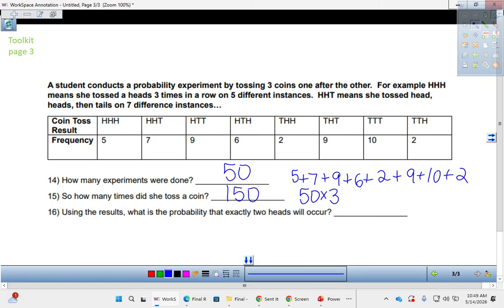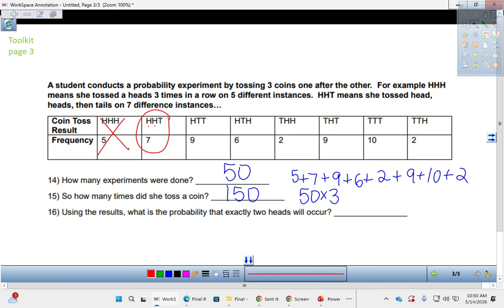The question says, using the results, what is the probability that exactly 2 heads will occur? Here's what you're going to do: find anywhere there are exactly 2 H's. This is 3 H's, that's not exactly 2. This is 2 H's, so I'm going to use this 7 times.